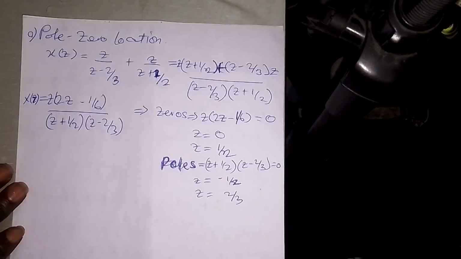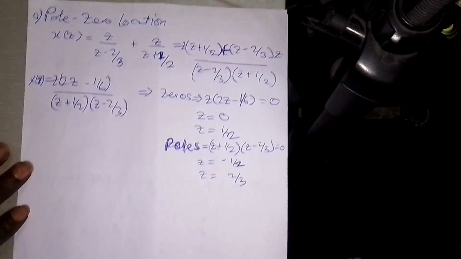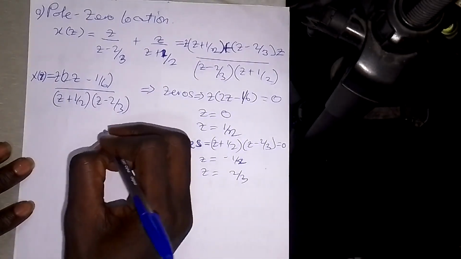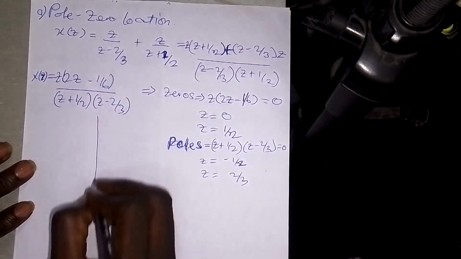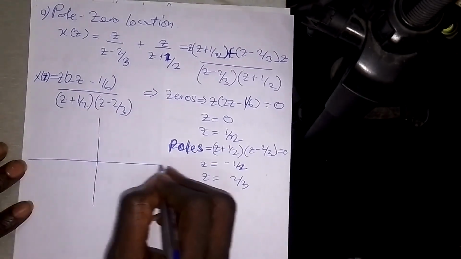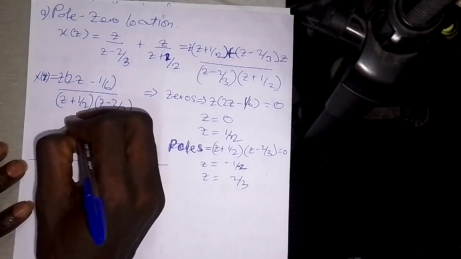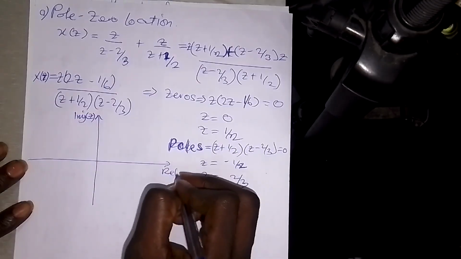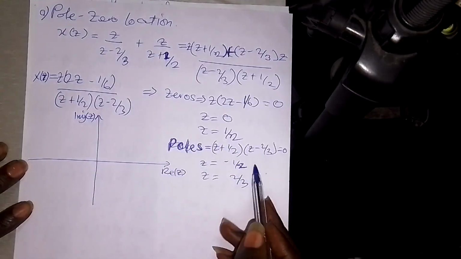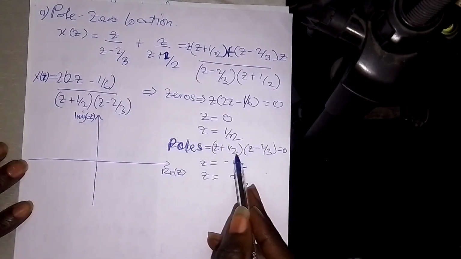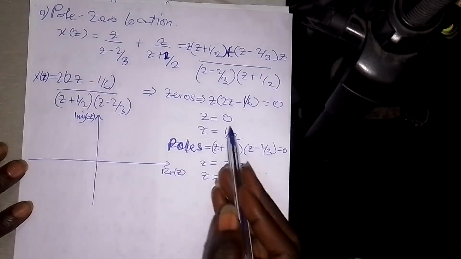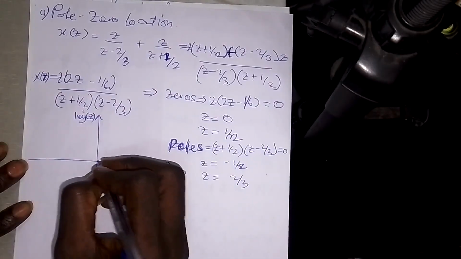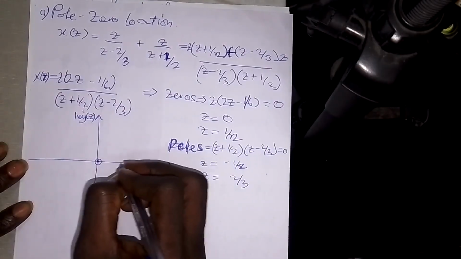So now, knowing this, what I will do again is to just draw my poles-zero plot. So here, I'm going to have it this way. This is a z plane, so this is imaginary z, and this one is real z. Now let me see the zeros. I have 0 and then a half. This is how you represent the zeros, by a small circle.